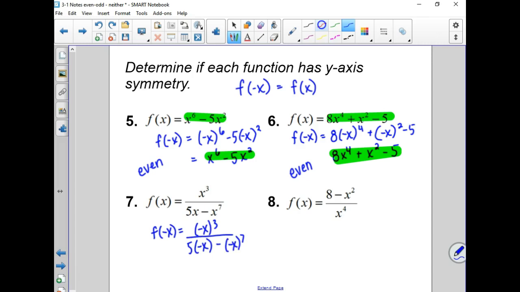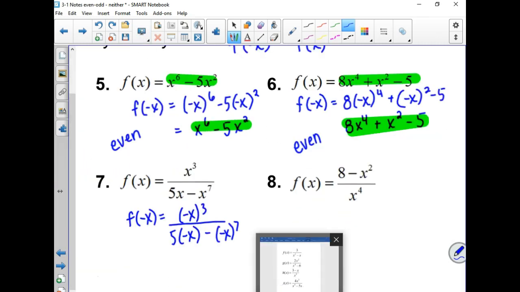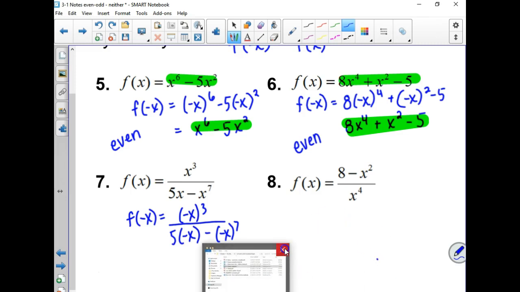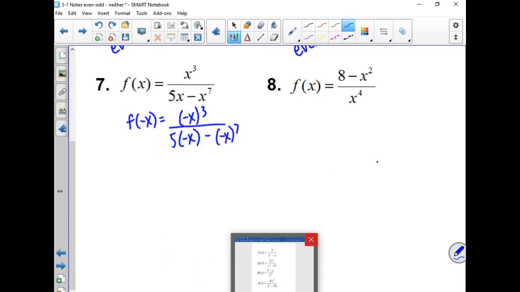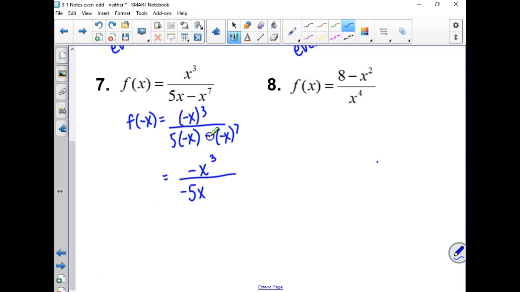So in this case, we're going to have negative x to the 3rd over negative 5x. And here, we're going to have a negative times a negative, so we'll get a positive x to the 7th.